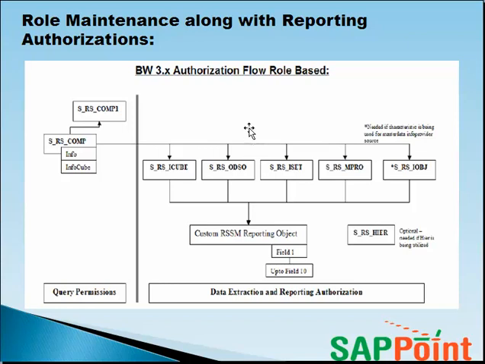So if you look at this diagram, it describes how the BW 3.x authorizations, 3.1, 3.5, are built. For query permissions, you have the authorization objects COMP and COMP1, but you also need the supporting objects like S_RS_IQ, ODSO.